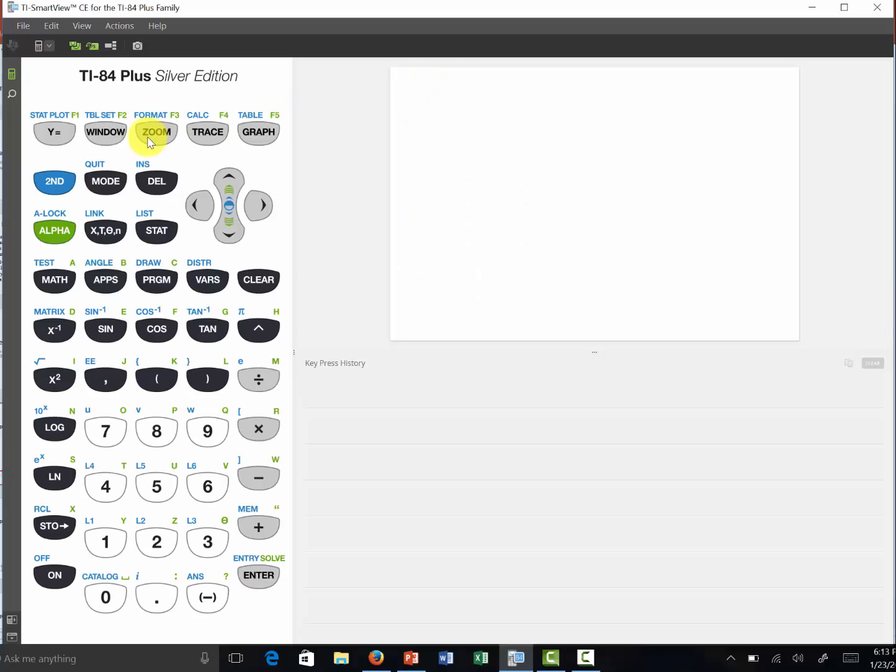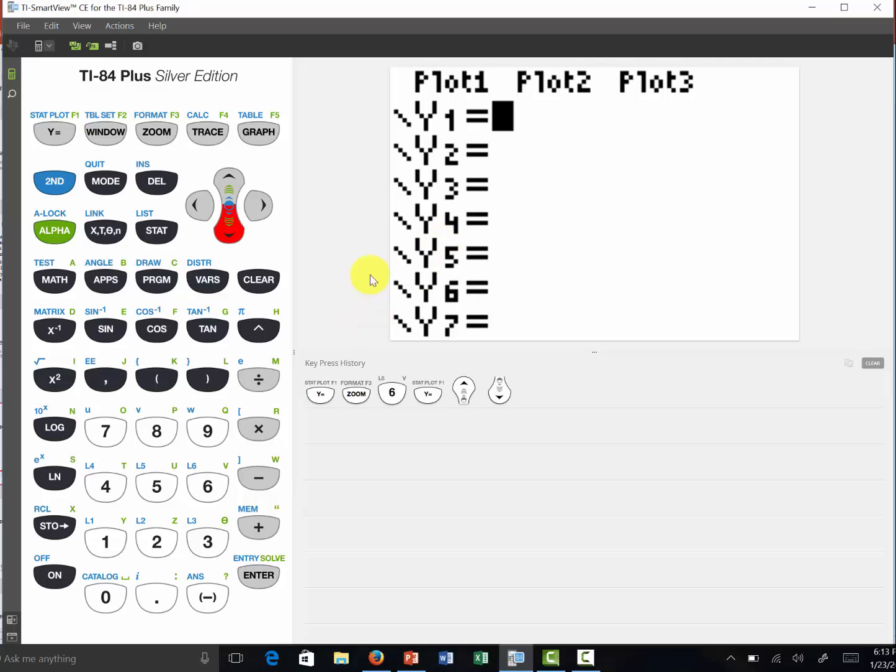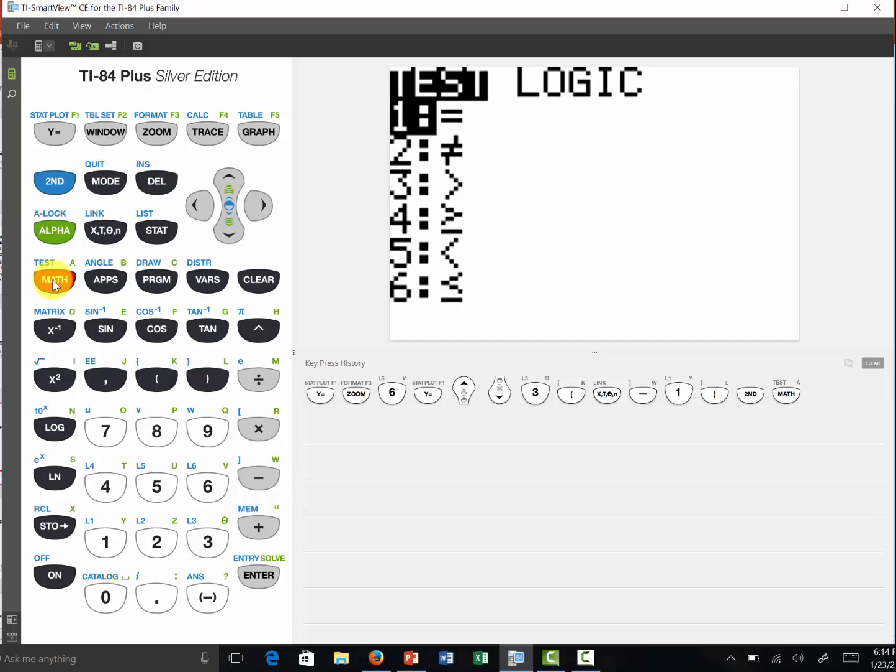So our first step, we would go to the y equals. We type in our inequality, 3 parenthesis x minus 1 close parenthesis. Now we need to insert the inequality symbol here. So we go second math, which is the test window, and we want less than or equal to, which is number 6.